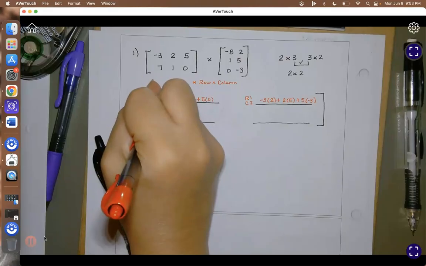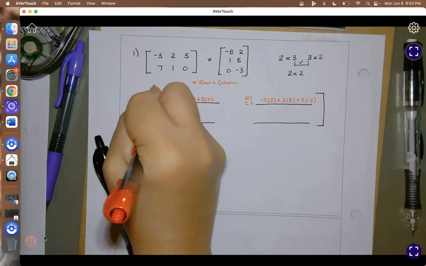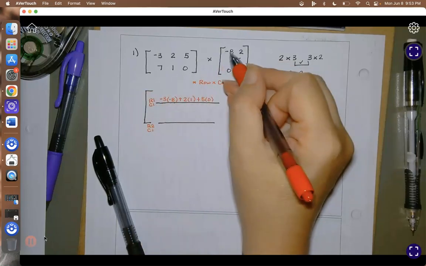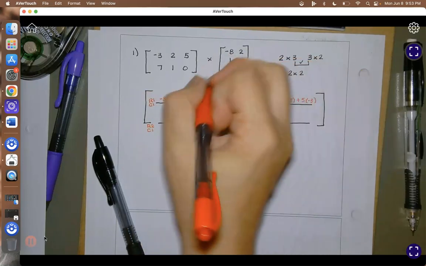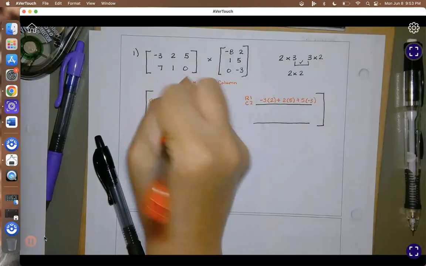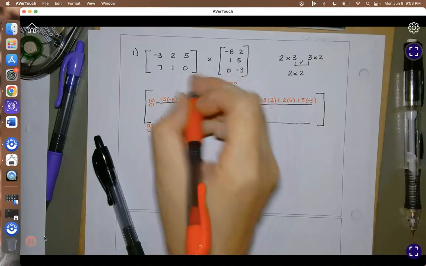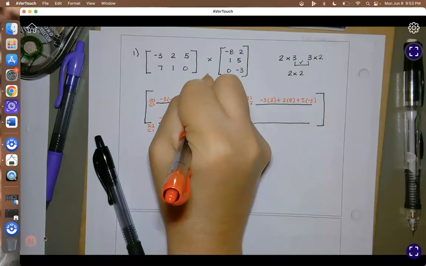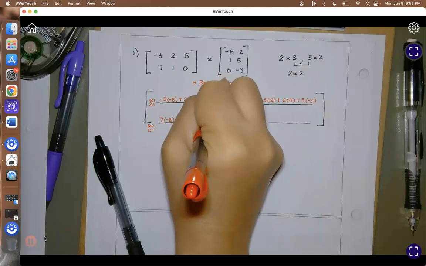Then we come down here. This is row 2, column 1. So we're going to do this row times this column. So we're going to do 7 times -8, 1 times 1. Remember to put pluses between them. And 0 times 0.